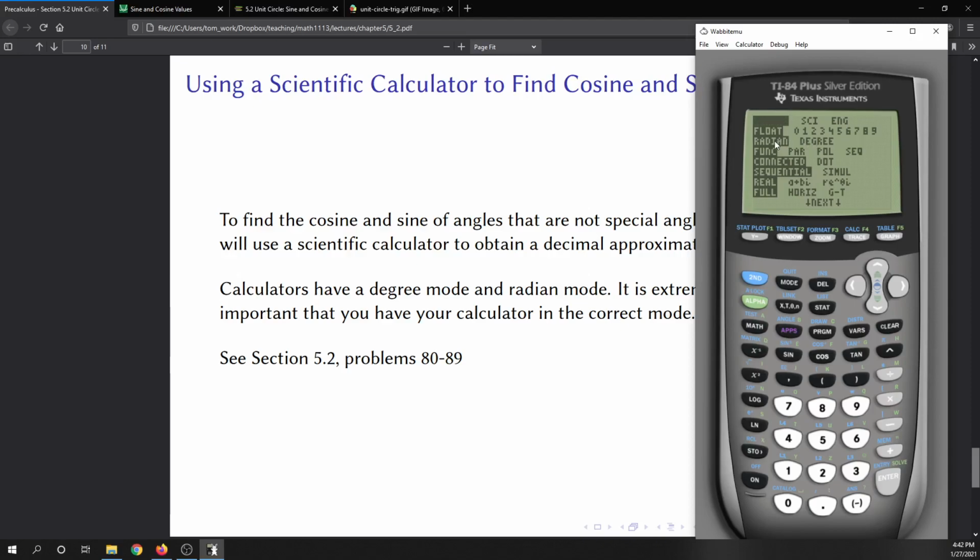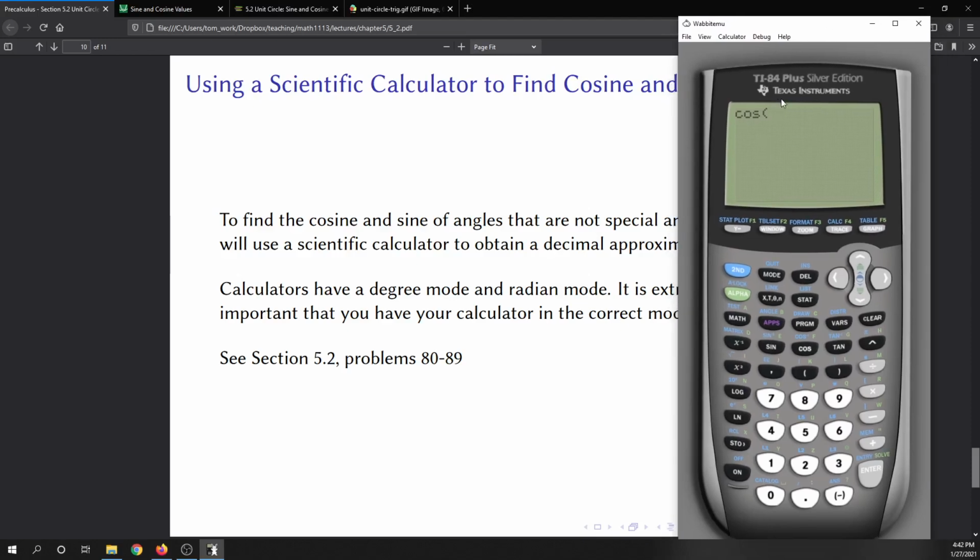So you can see this one is currently in radian mode. If I get out of there, all you've got to do is punch in the angle that you want to take the cosine or sine of.